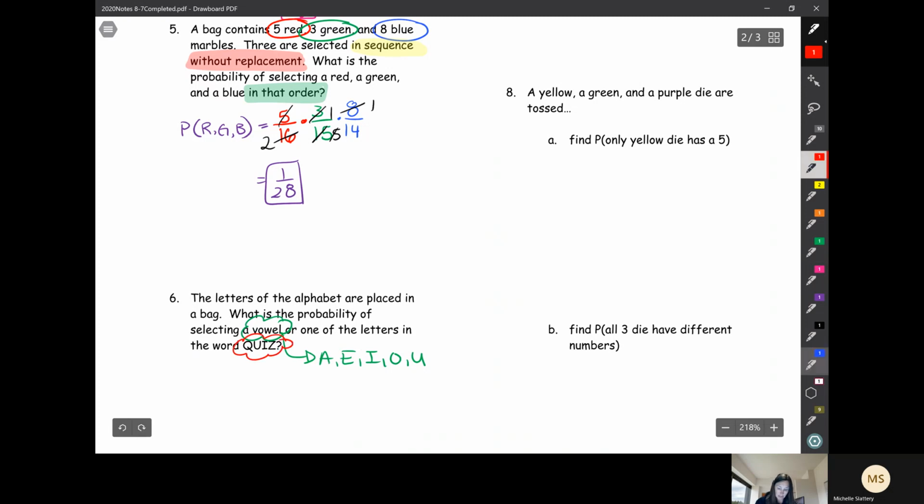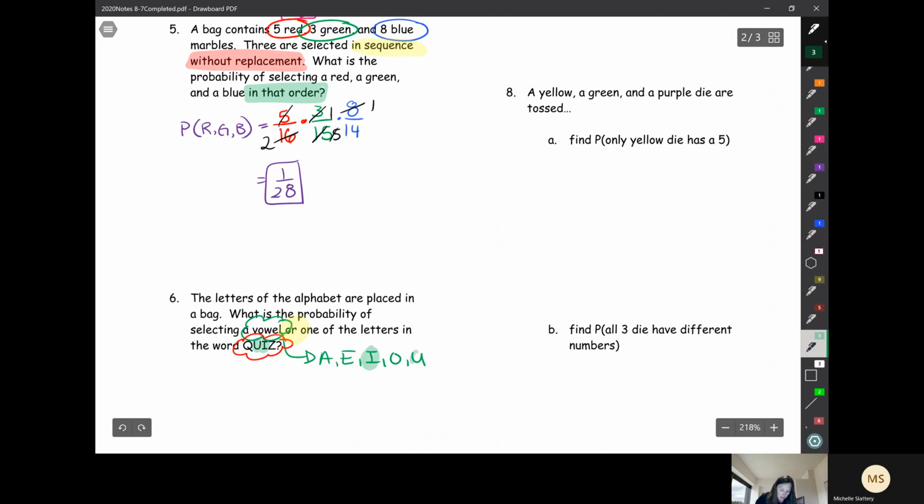Okay, now this one, it's an or problem. So what we need to think about is, are these events of a vowel and the letters in the word quiz mutually exclusive? So we're looking at, are there any outcomes that are a vowel and are in the word quiz? And the answer is yes. So these are not mutually exclusive because look, I have an I that's in both.